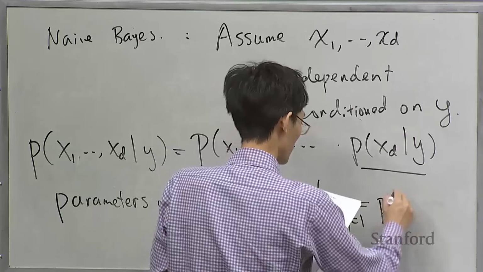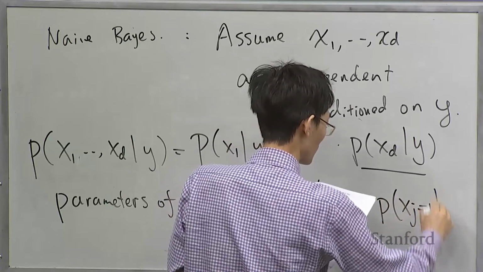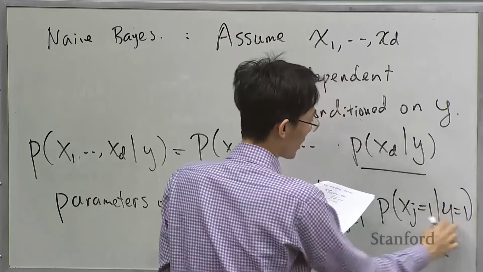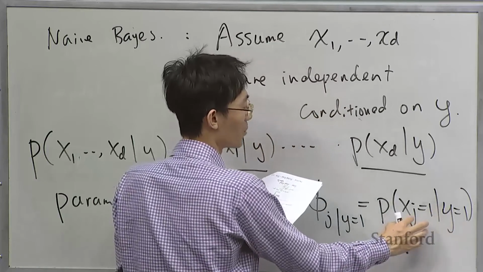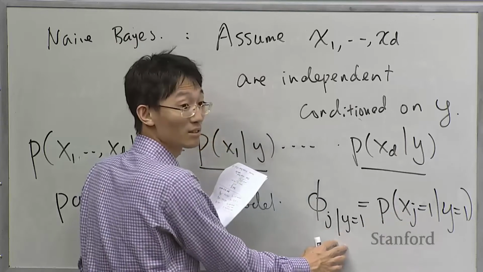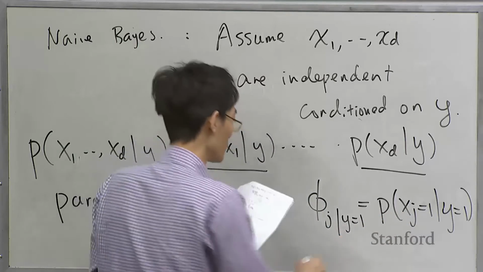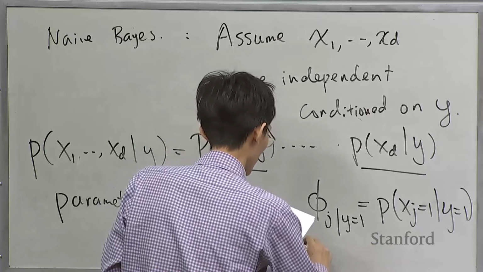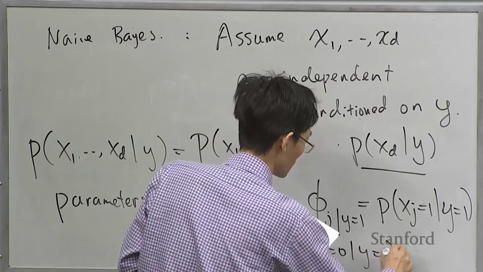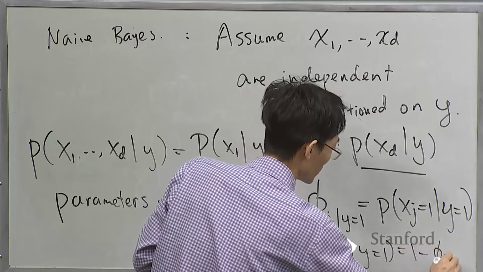You say this is xj equals 1 given y equals 1. So for y equal to 1, you're asking what's the probability of xj being 1, and you denote that probability as this. And then the probability of xj equals 0 given y equals 1 is going to be 1 minus phi j given y equals 1.